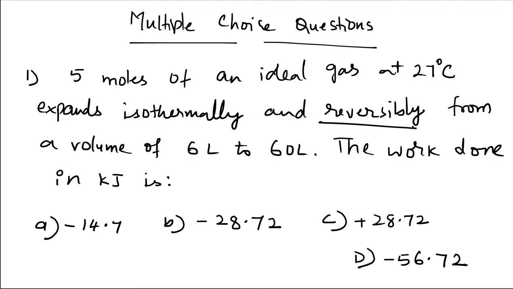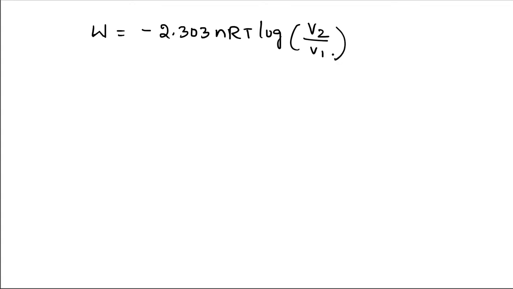Therefore, the equation for the work in isothermal reversible expansion is work is equal to negative 2.303 nRT log V2 divided by V1. And the problem says the temperature is 27 degrees centigrade, which is equal to 27 plus 273.